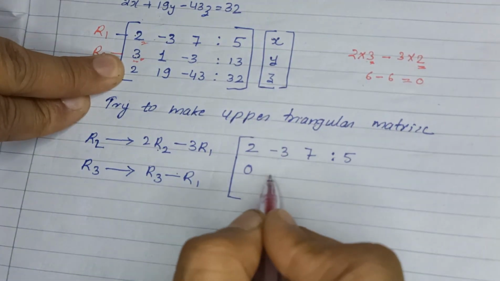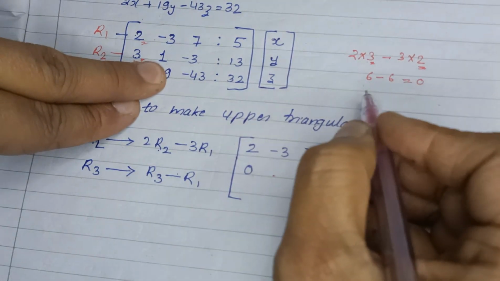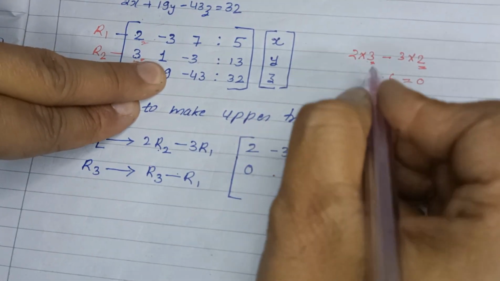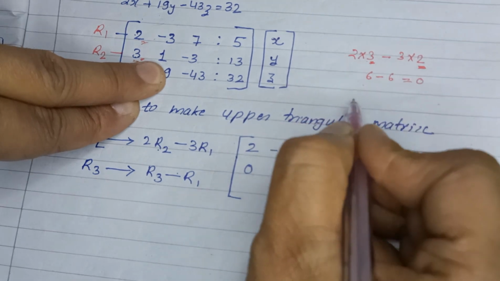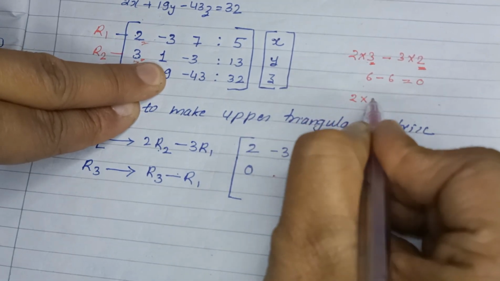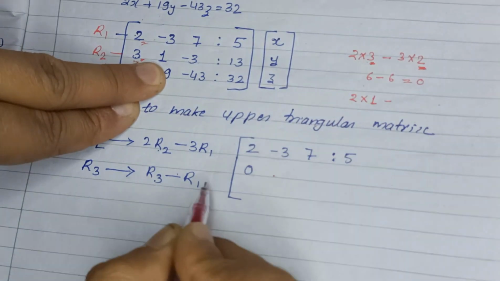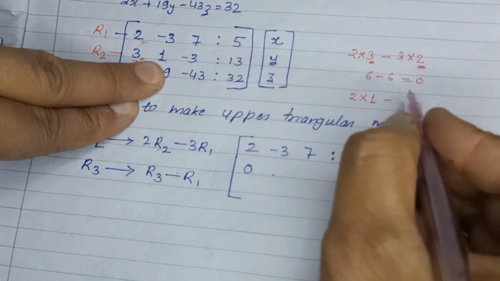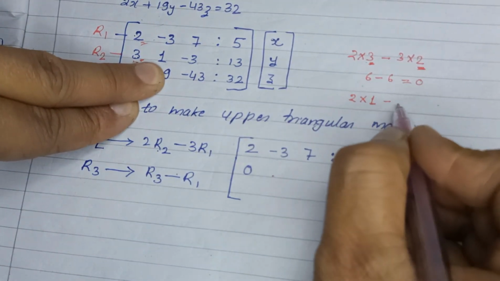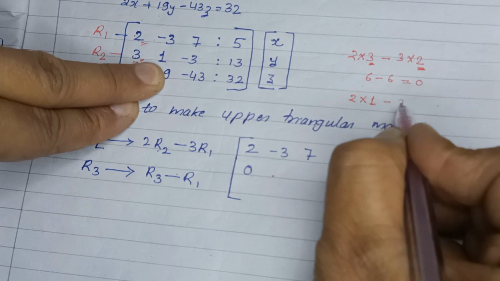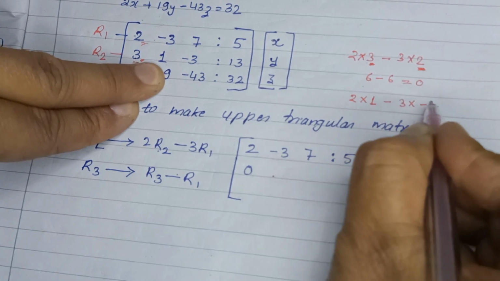Now again I have to do it with this number 1. I only have to replace these things. So 2 into 1 minus, and here minus 3, so I will write 3 into minus 3.